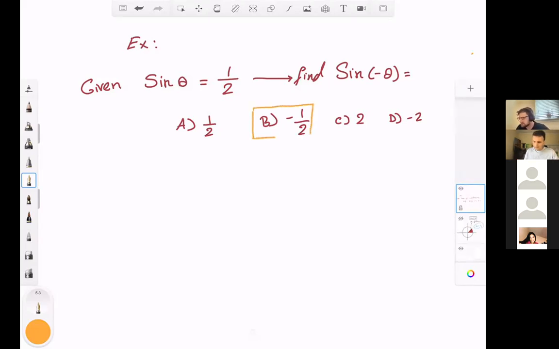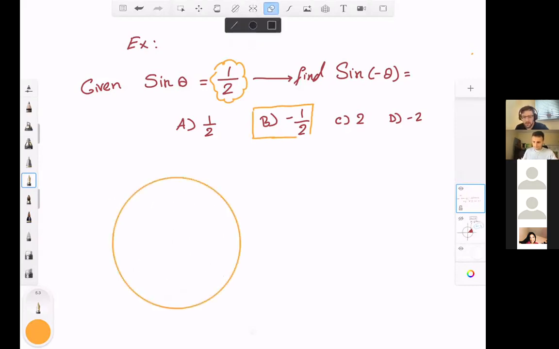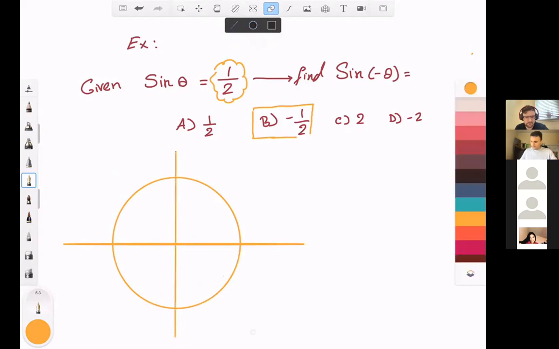So one thing about this course is that we need to visualize it. I know 1/2 is something that you have on your note sheet, correct? Note sheet or on the unit circle, the table. So we have a circle here. They're saying sine of theta is 1/2.